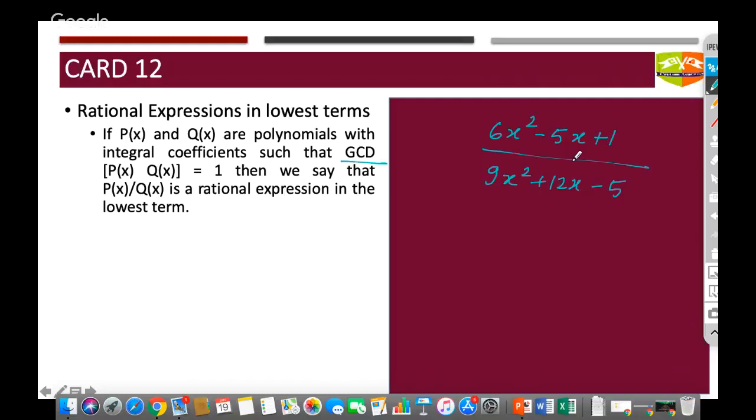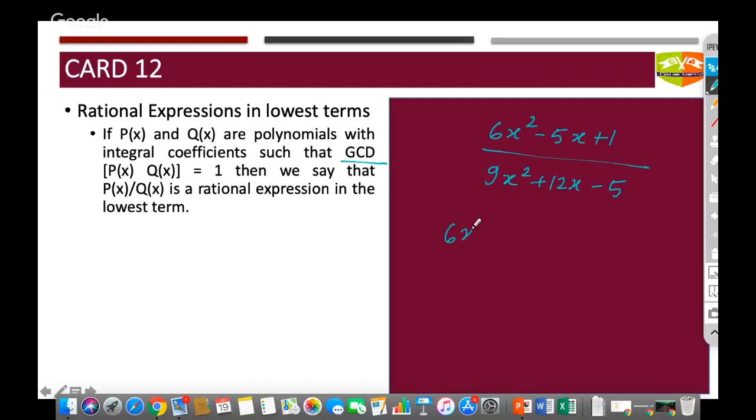If it is not in simplest form, I need to find its lowest form or simplest form. Here both numerator and denominator are quadratic expressions. So what we need to do over here is we need to factorize the quadratic expression in both numerator and denominator. So let me do that for you.